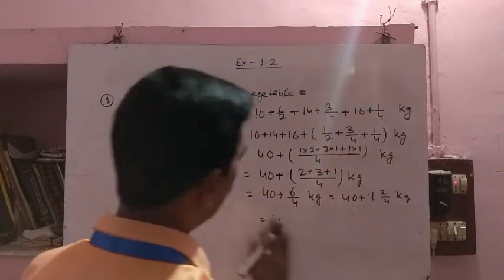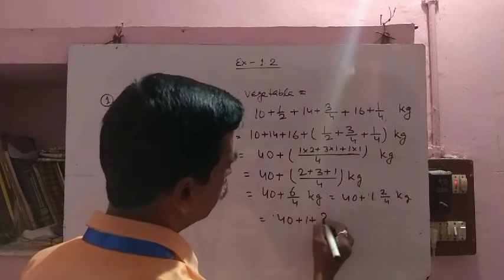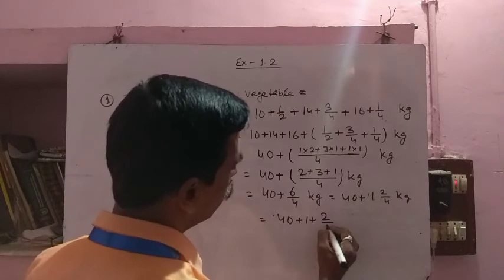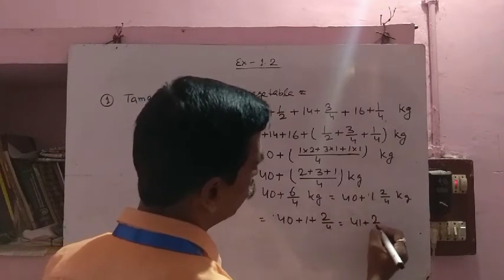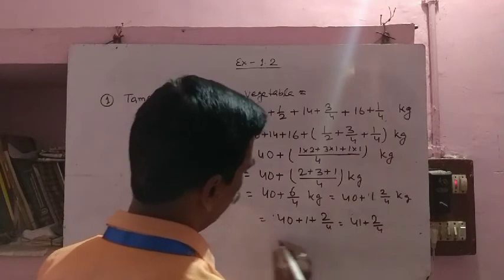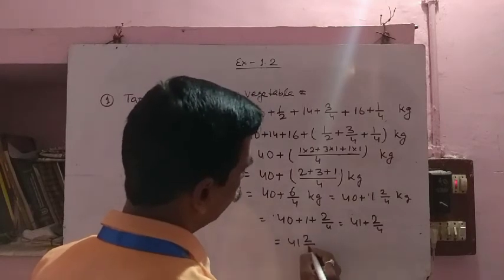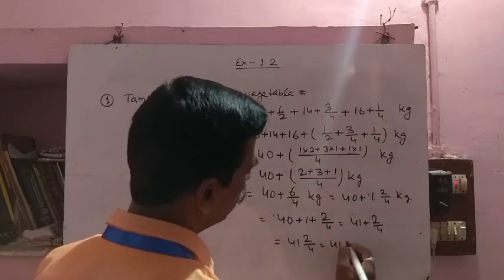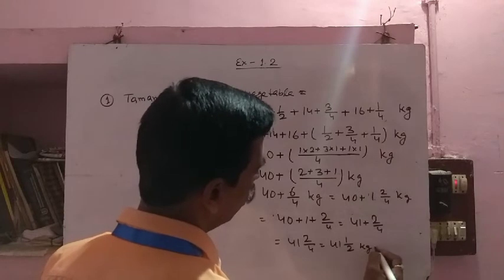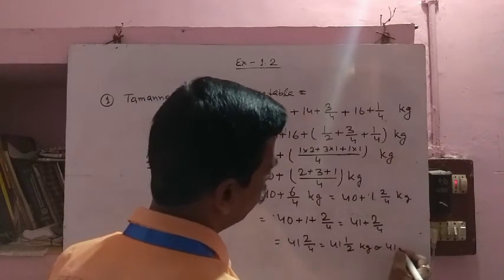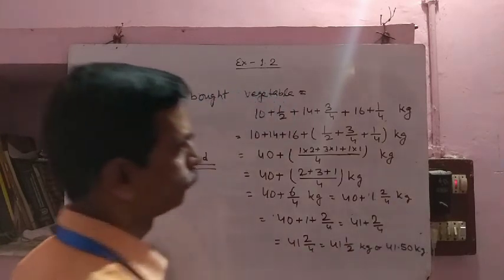Okay, so it becomes what? 40 plus 1 plus 2 by 4 is equal to 41 plus 2 by 4, or you can write 41 2 by 4 is equal to 41 1 by 2 kg or 41.50 kg. Okay.